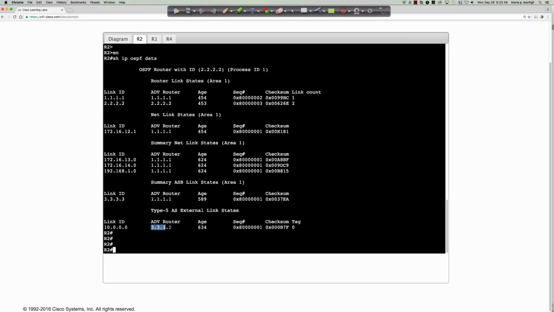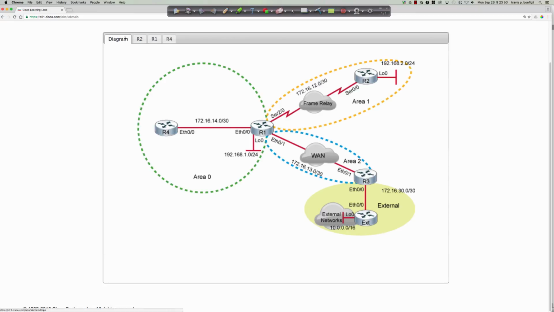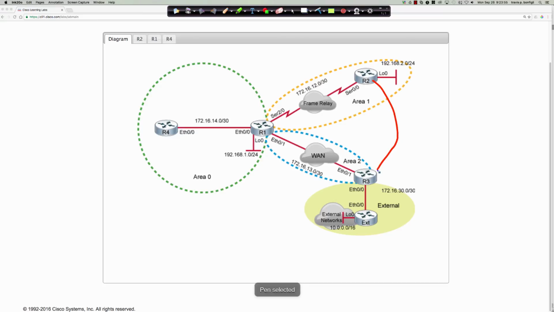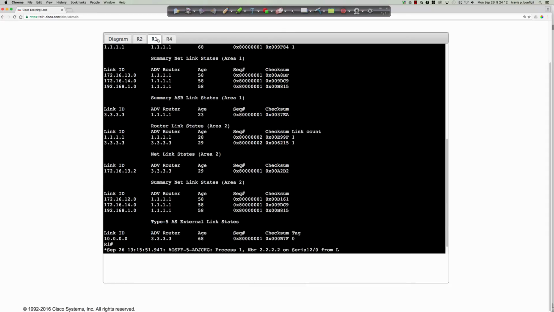You go to the advertising router 3.3.3.3. Well, router 2, right? Router 2 up over here, does he know how to get to 3.3.3.3? Because it's in a different area. And the answer is that he does, because he wants to get to that external information here, that 10 network down here. He needs to get to the 3.3.3.3.